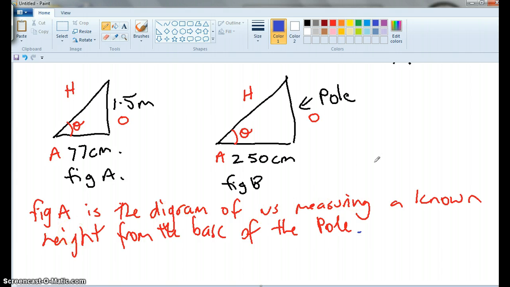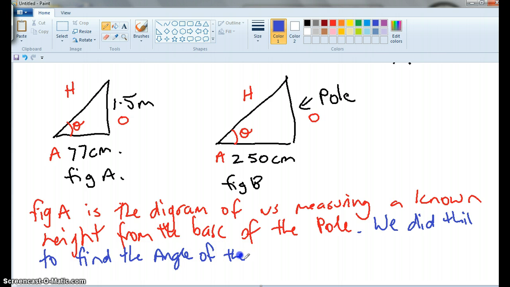Why did we do this? We did this to find the angle of the sun. Okay? Why did we need the angle of the sun?